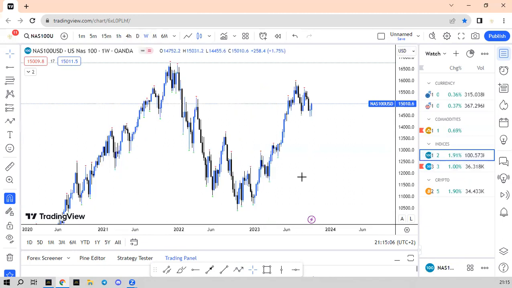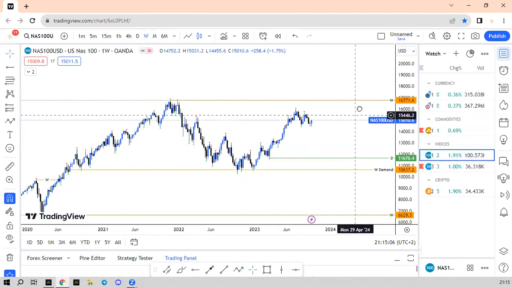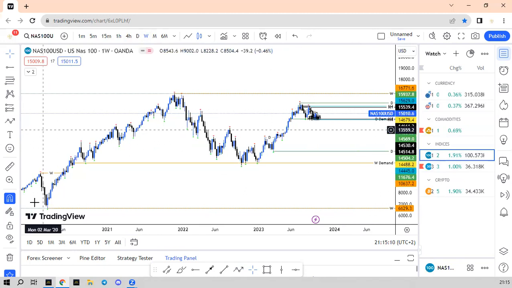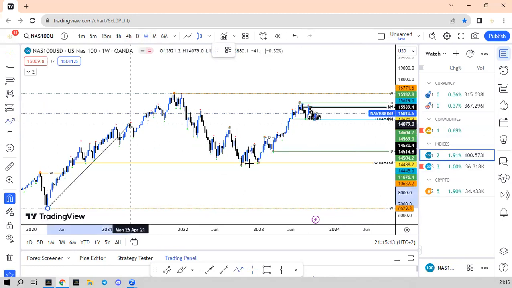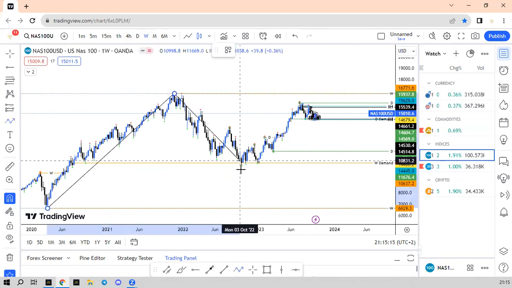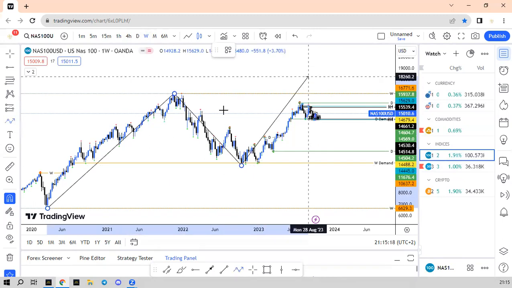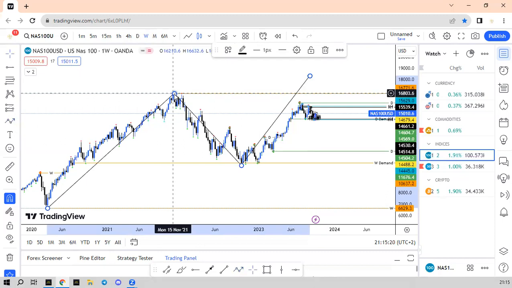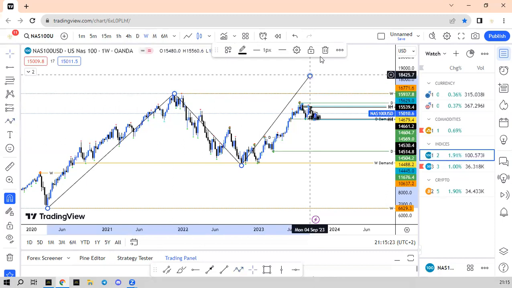So we have something like this: a low, a high, a retracement, and a possible continuation. So we want the price to take out that high currently.